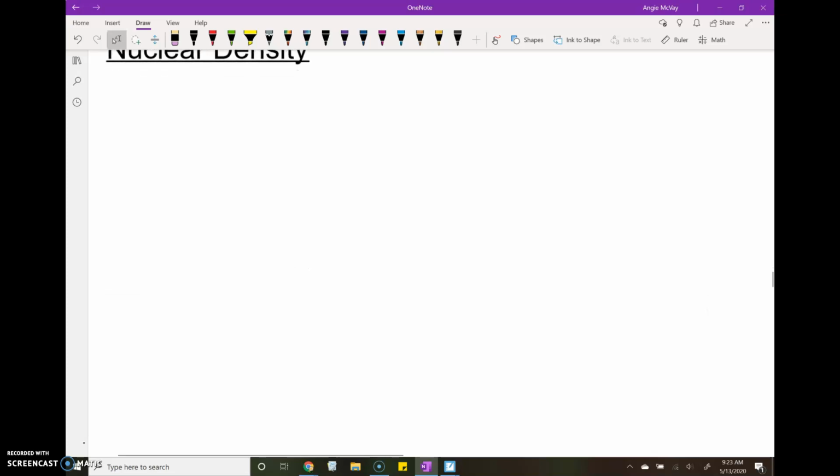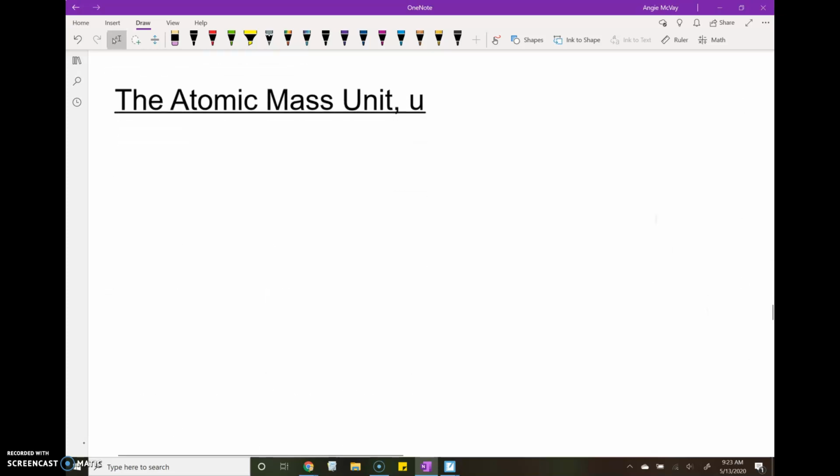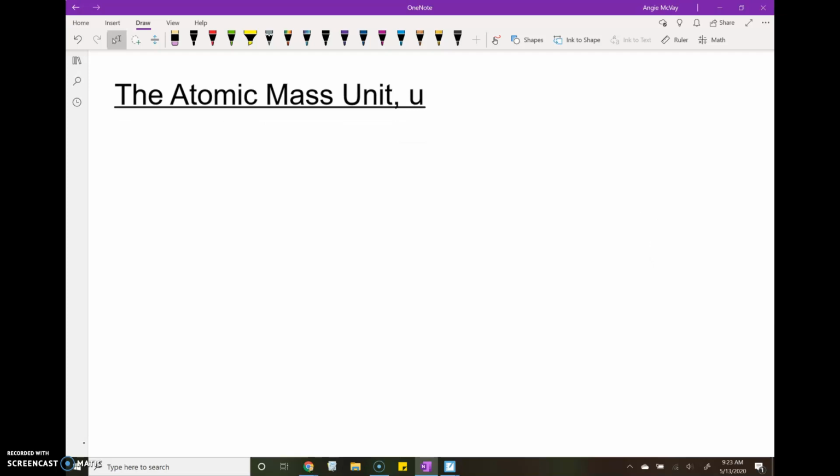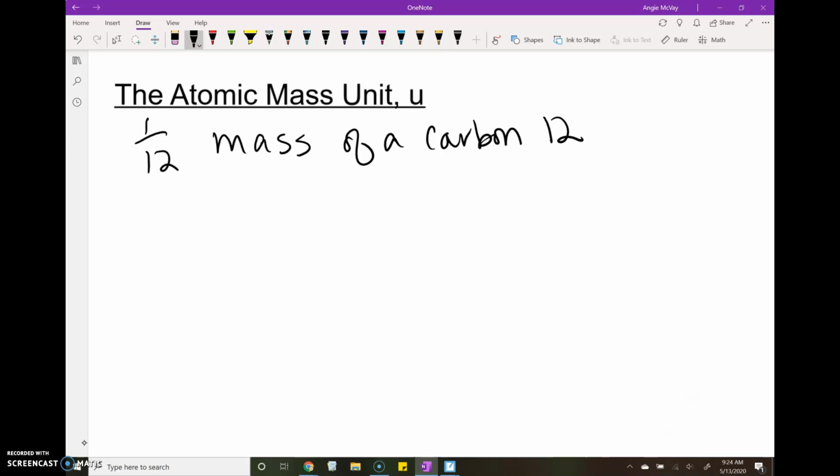I'm going to skip this for just a moment to define really quickly the atomic mass unit. You may have heard of this in chemistry, but the atomic mass unit is abbreviated with a lowercase u, and it's 1/12 the mass of a carbon-12 nucleus.